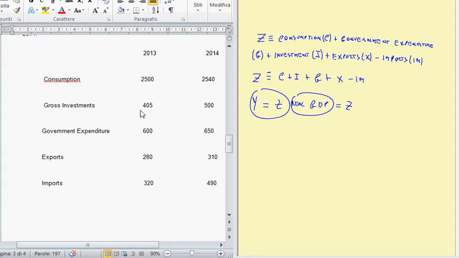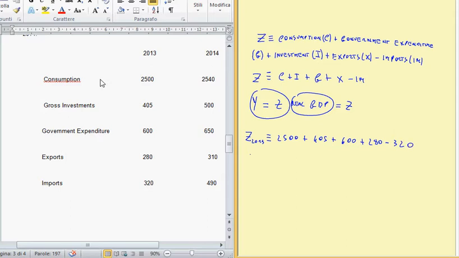So we can compute the aggregate demand Z in 2013: the level of consumption is 2500, the level of investment is 405, the level of government expenditure is 600, the level of exports is 280, minus the level of imports, which is 320.